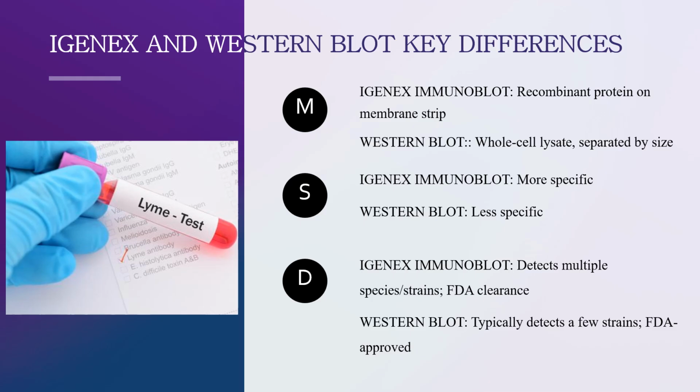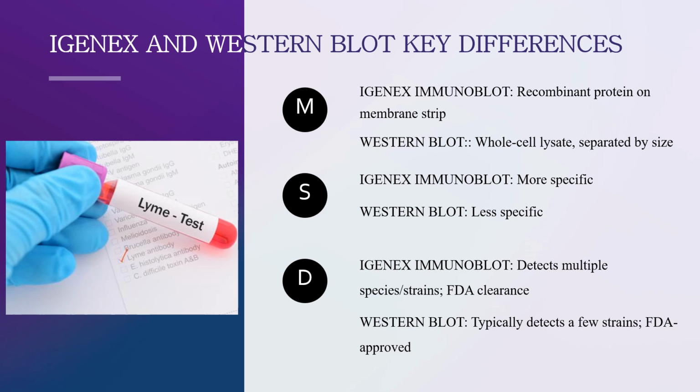So the advantages are that the IGeneX test tests for multiple different species and strains of the Lyme-causing bacteria, and it's more sensitive, meaning more specific, than even the ELISA, the IFA, and the Western blot tests for Lyme. It also only uses one test strip, and that one test strip can detect the multiple species and strains.